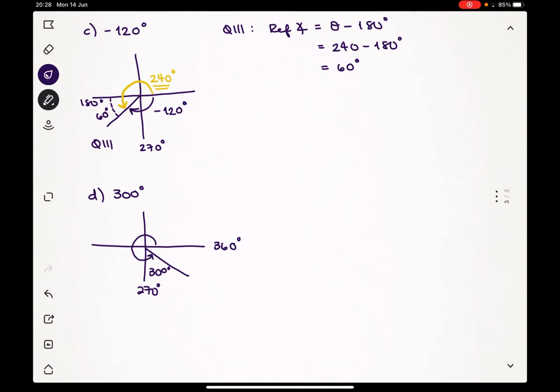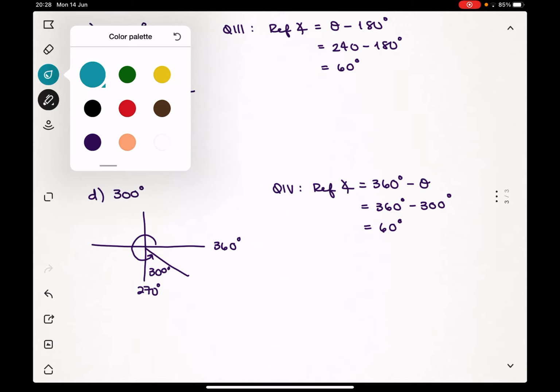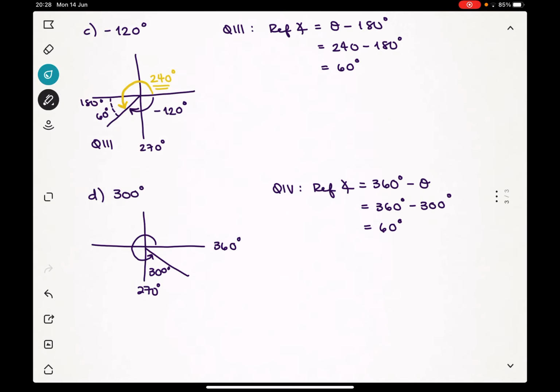So if I'm in quadrant 4, the reference angle is going to be 360 minus the angle. In this case, the angle is 300. So my reference angle is 60 degrees. Right? So exactly the same process we can do when we're doing radians, but let's check it out.